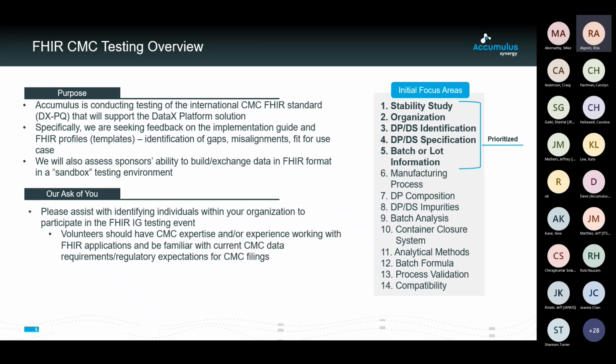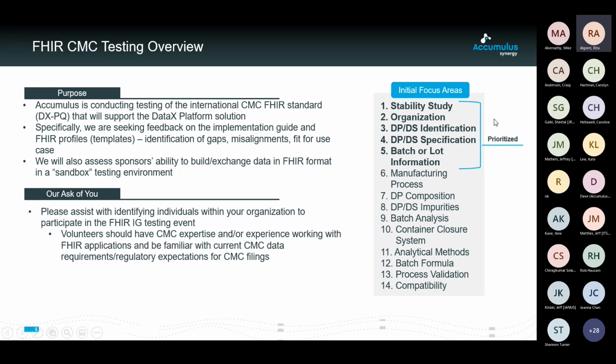So if you are a CMC expert and you notice particular gaps in information that you would typically provide in a CMC application in the stability section, please let us know about that. We want to make sure that the IG is as complete as possible so that this is a usable IG for us for exchanging regulatory information.